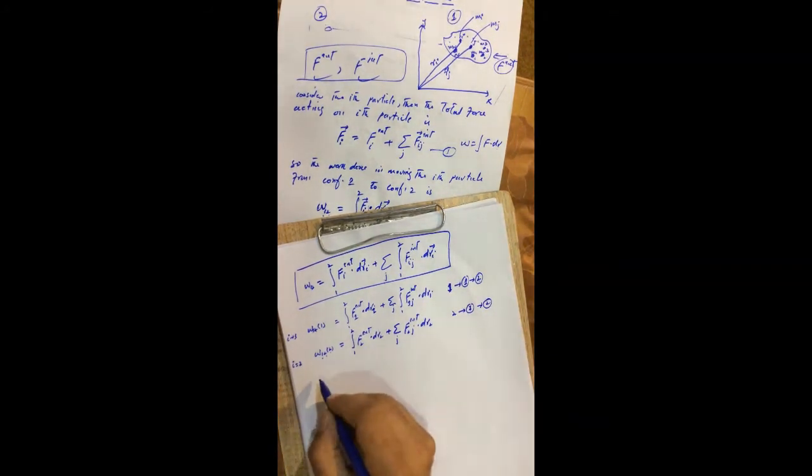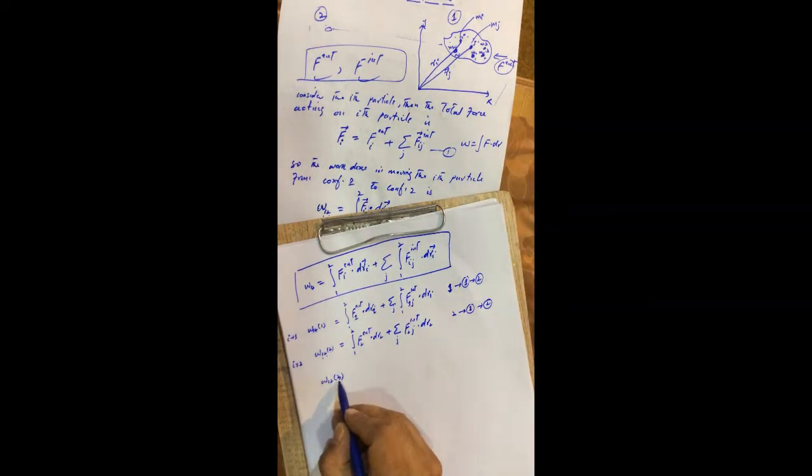Similarly, moving particle 3 from position 1 to position 2 is represented by this, where the 3 in this bracket represents the particle number.